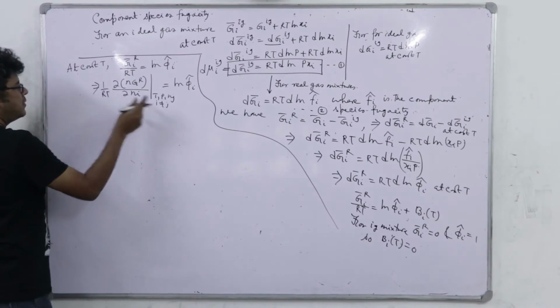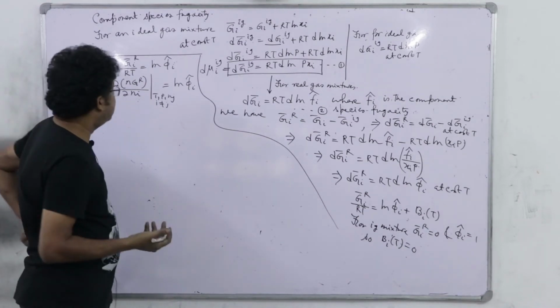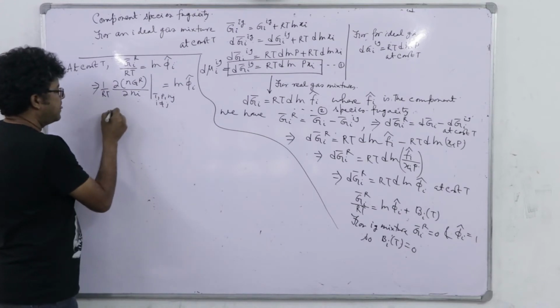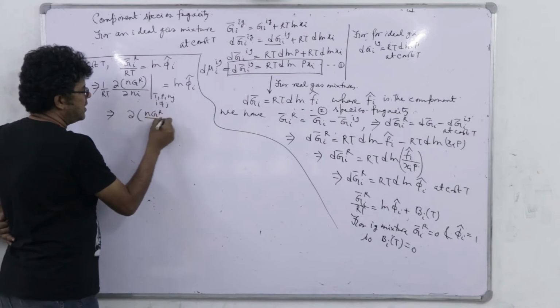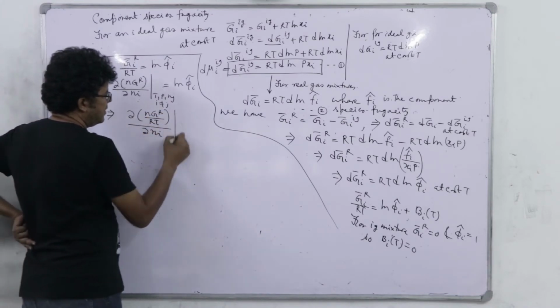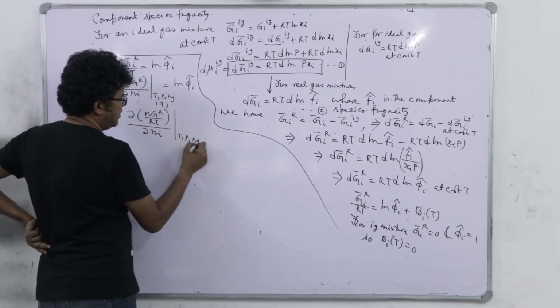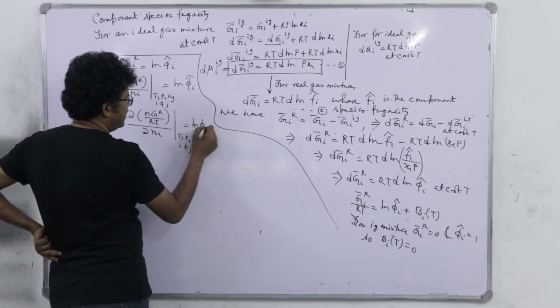As temperature is constant, we can include this RT in the derivative itself. So, del of nG R by RT, del ni at T, P, nj (j not equal to i), equals ln phi i cap.